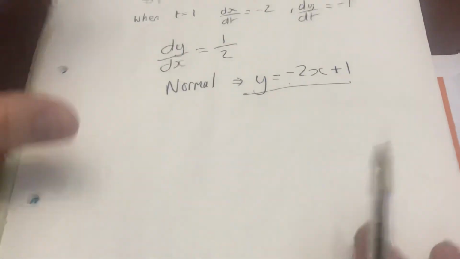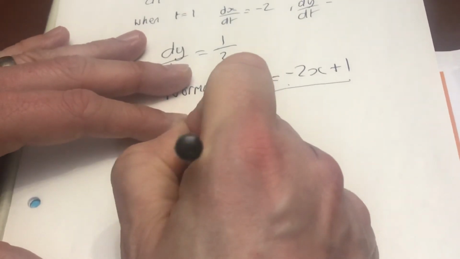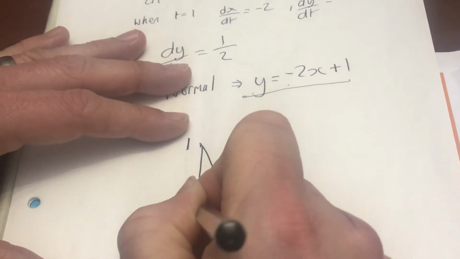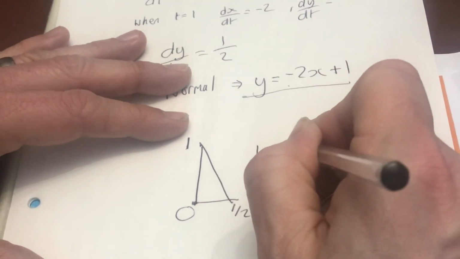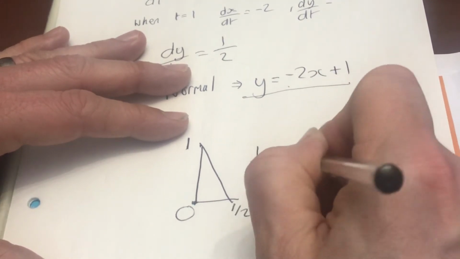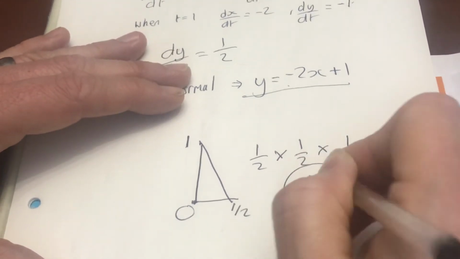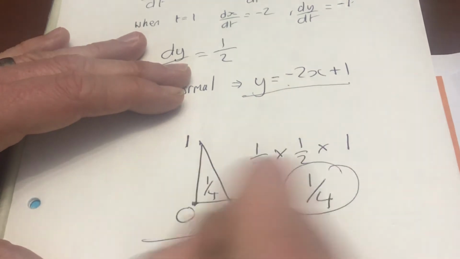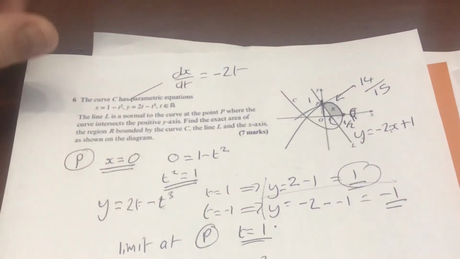Let's do a bigger drawing of that triangle. So they've got this triangle made by the normal, which goes through 1 and it goes through a half. And there's the origin. So it's going to be half times the base times the height. So it's a quarter. This is a quarter. So what is our total area of the region?